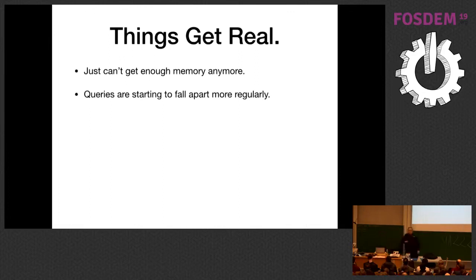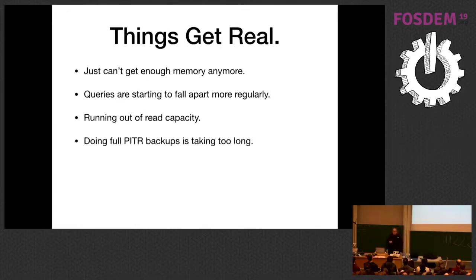The queries that previously performed well are suddenly going crazy and running very slowly. This is the point you may start running out of read capacity on a single machine, you're starting to peg I/O. And doing a full PITR backup is taking a long time because you're having to copy an entire terabyte worth of data onto cloud storage.